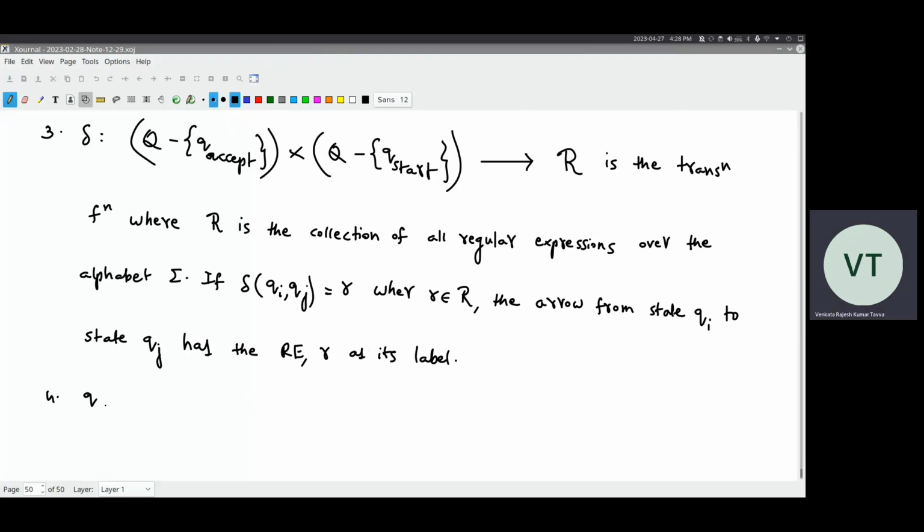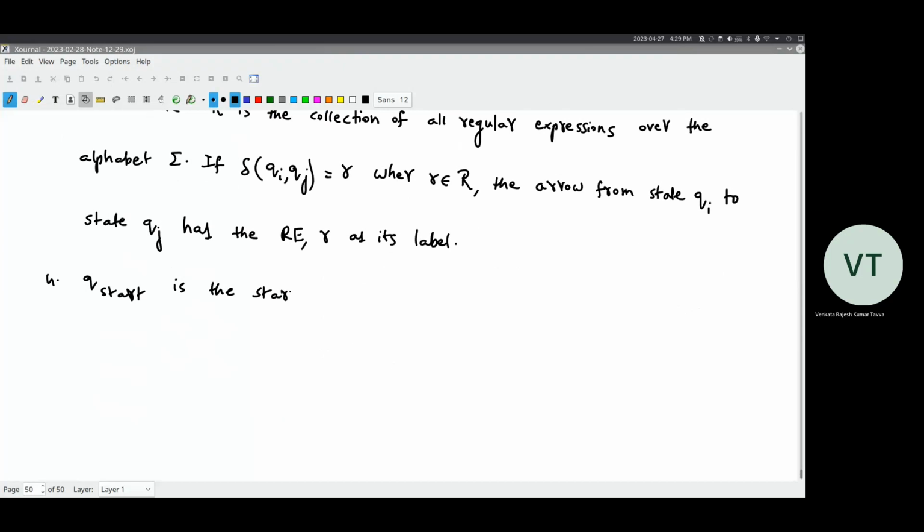And finally, Q start is the start state, and Q accept is the accept state.